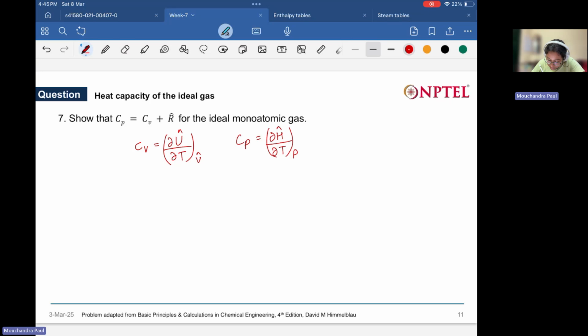So if we rewrite the expression for Cp, where we change enthalpy into internal energy forms, U cap plus P V cap by delta T, at constant pressure. Then rewrite it again.